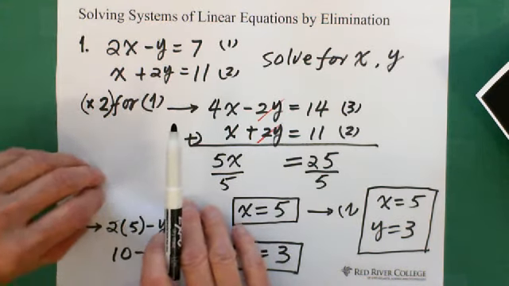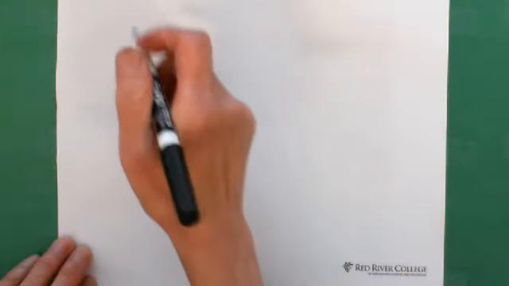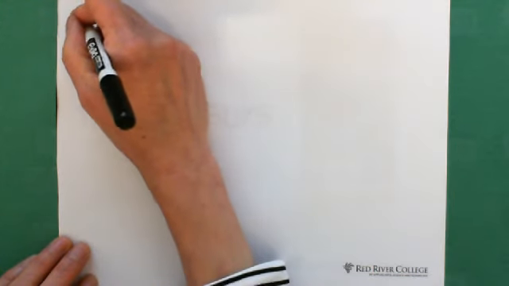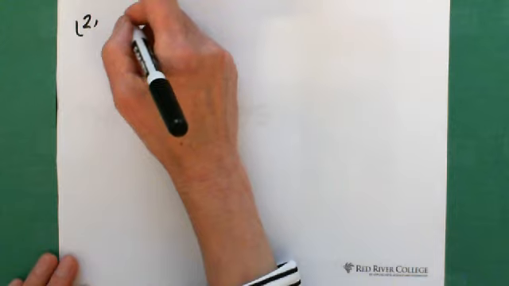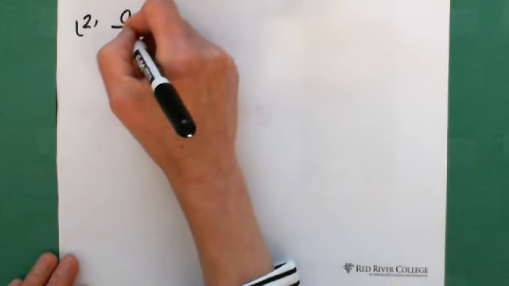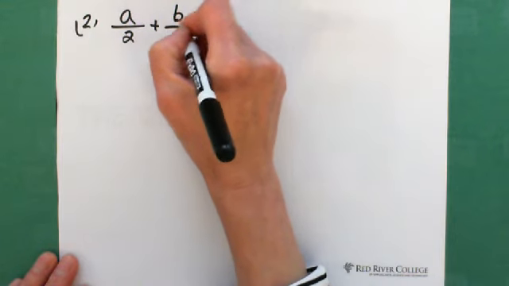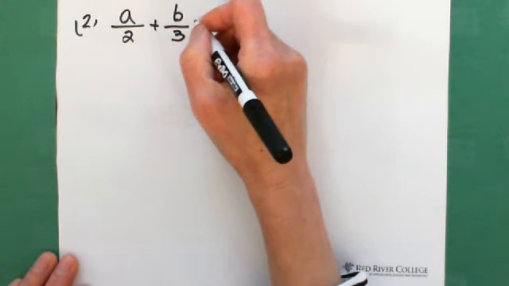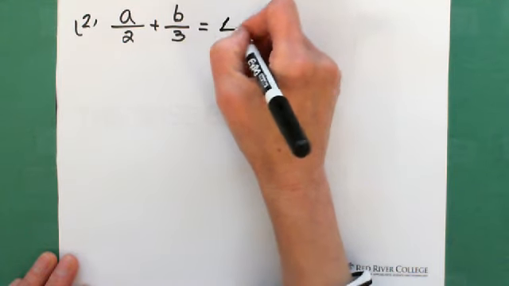For the second example, I'd like to show you what to do if there are fractions. Solve a over 2 plus b over 3 equals 4.